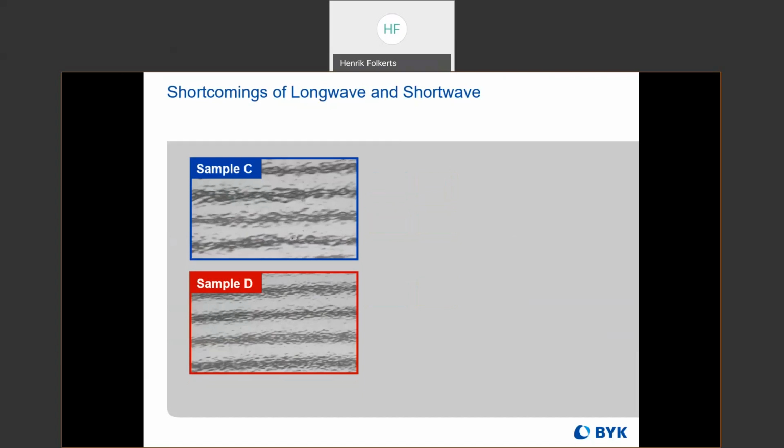But now here we have two surfaces that do look very different. One is exhibiting a short wave value of 21, so a bit higher in the short wave, and a long wave value of 7. And we can see a good bit of waviness here. And then at the bottom, we have much lower short wave, but we have higher long wave. And so that's also exhibiting a good amount of waviness.